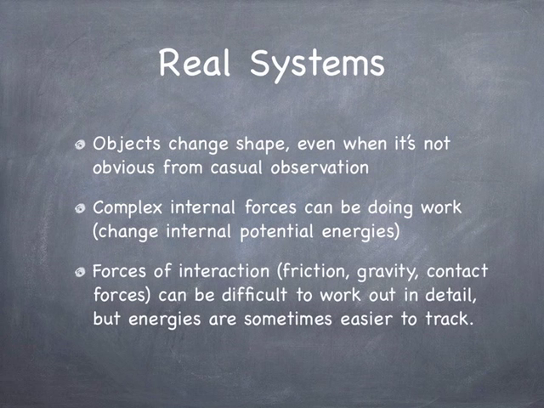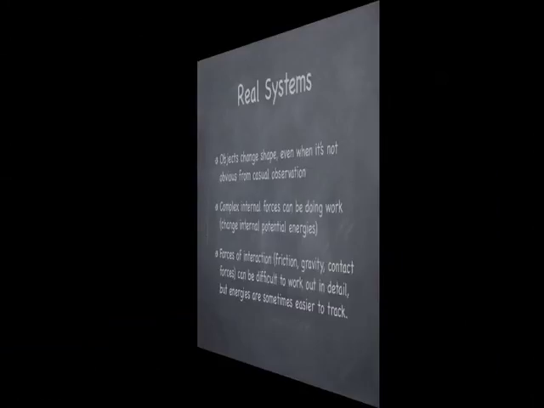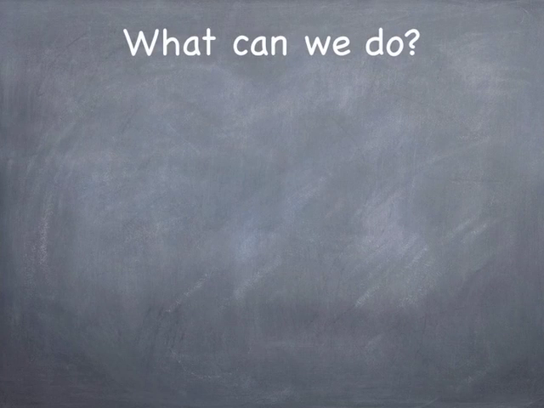Also, forces are often very difficult to work out in detail, but oftentimes we're going to discover that energy is an easier concept to work with in these complicated systems. So when it's possible to do so, it's useful to consider the energy rather than the momentum principle when dealing with these complicated systems.